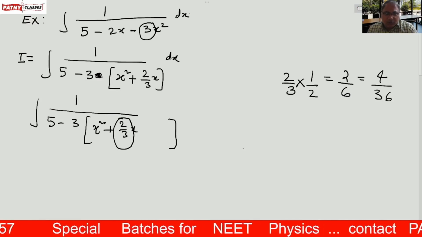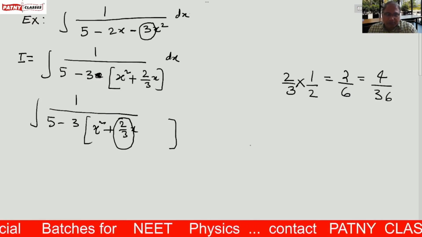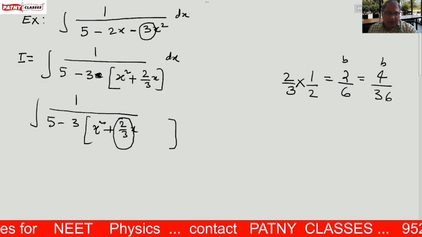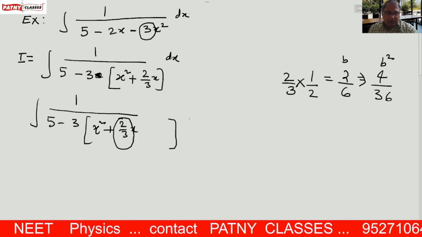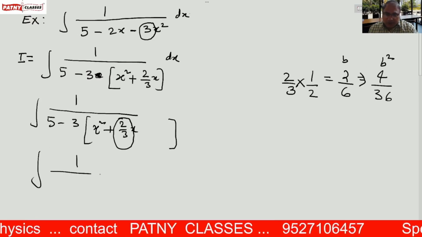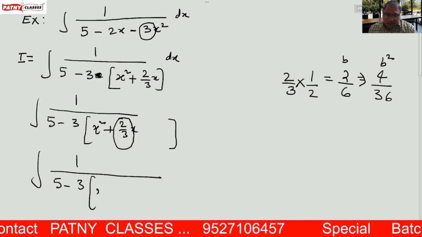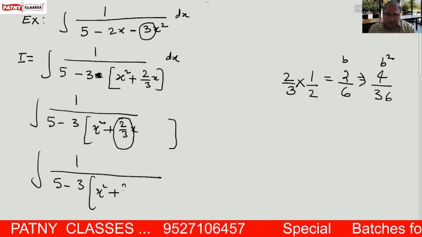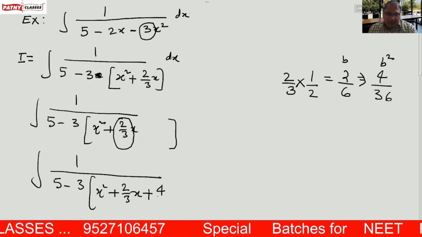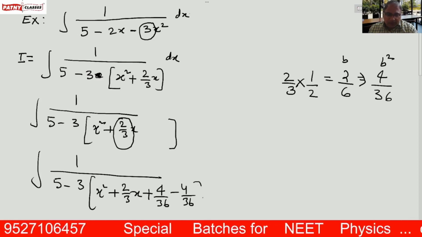This is the best way to create the b square term. It is ab and it is b square. Square it. So here I get 1 upon 5 minus 3 times x square plus 2 by 3 x, adding and subtracting 4 upon 36 minus 4 upon 36.